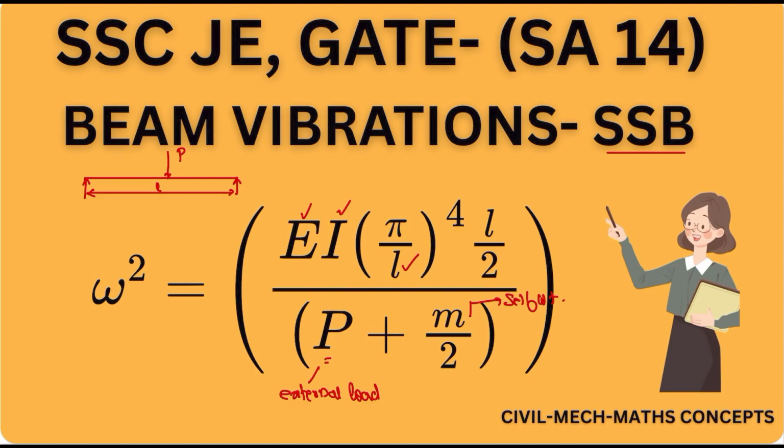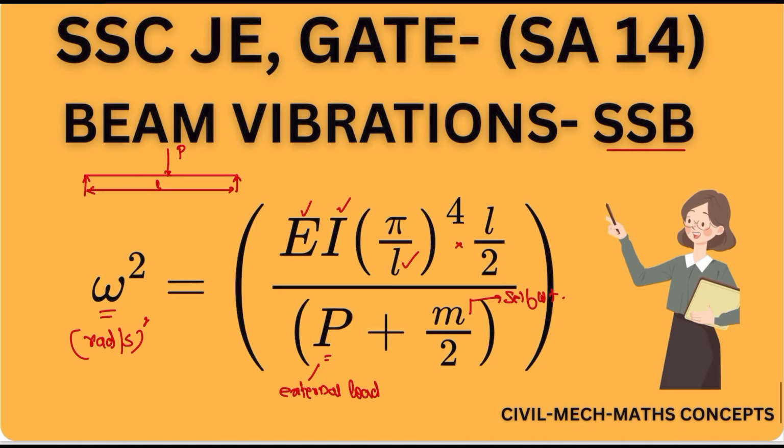For the lowest natural frequency, the equation is given by omega squared, in radians per second whole squared, is equal to EI (pi by L) to the power of 4 into L by 2, whole divided by P plus M by 2.